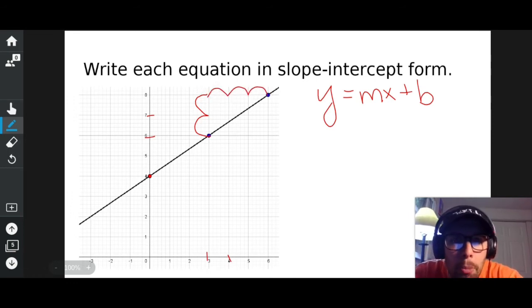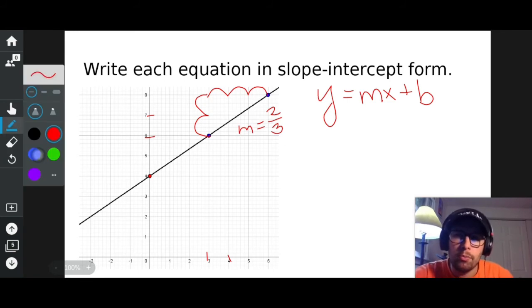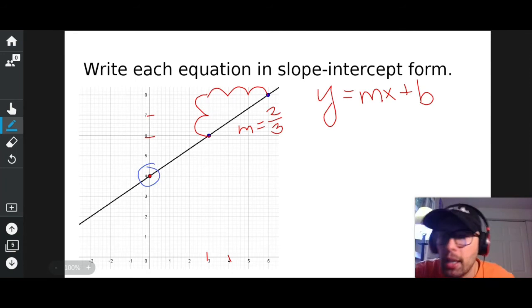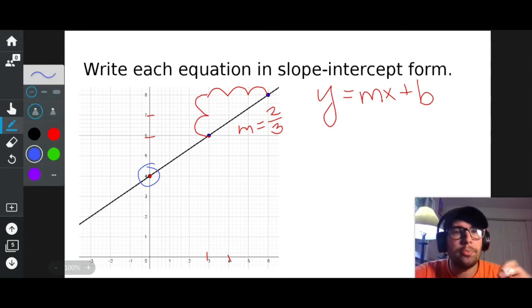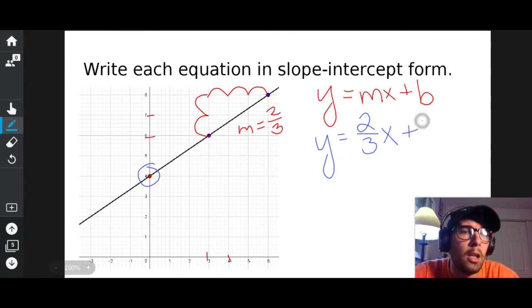So my slope is positive, up 2, right 3. Positive 2/3. My y-intercept is going to be that 4 right there. So when I put it all together, I could say y equals 2/3 x plus b, which is 4.